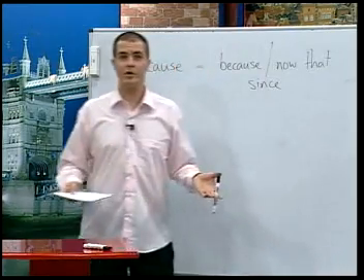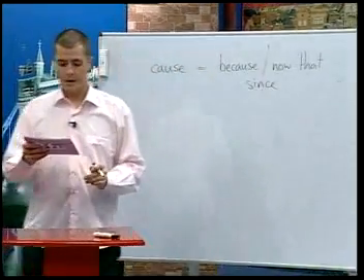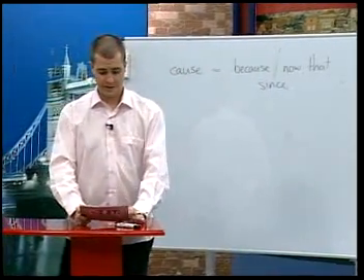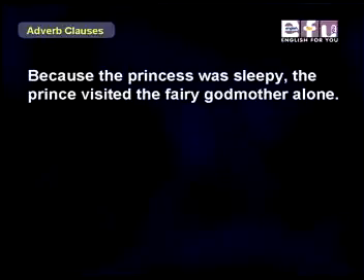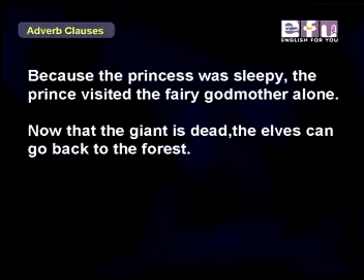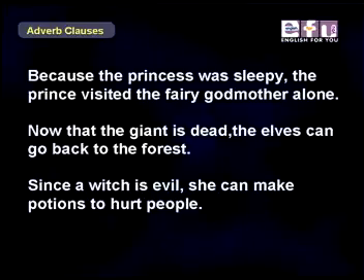And they answer the question, why? Have a look at these examples, please. Because the princess was sleepy, the prince visited the fairy godmother alone. Now that the giant is dead, the elves can go back to the forest. Since a witch is evil, she can make potions to hurt people.